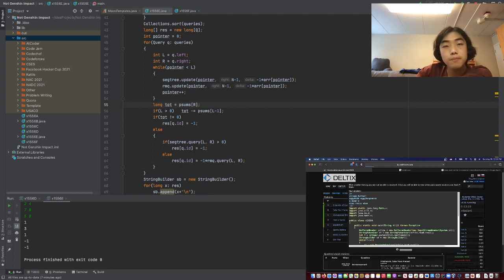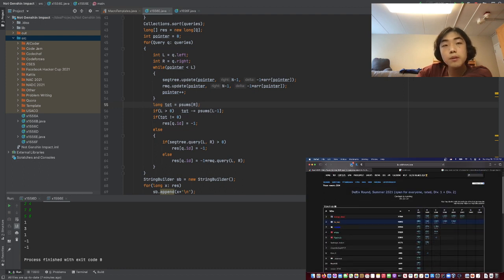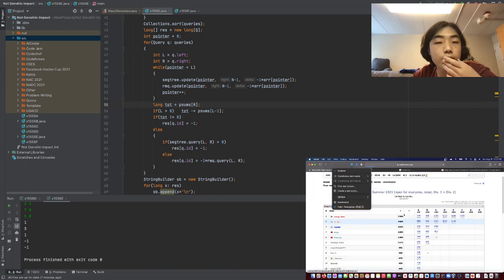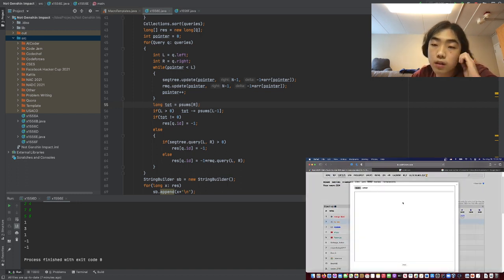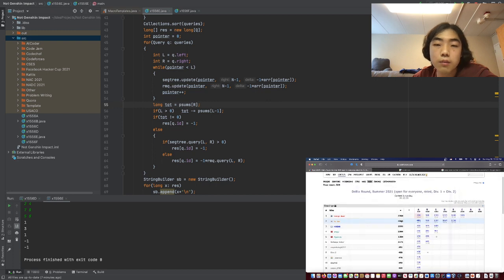I'll lock A. I don't think I'll be able to hack A, but just in case anyone is doing anything stupid, I can take advantage of that.